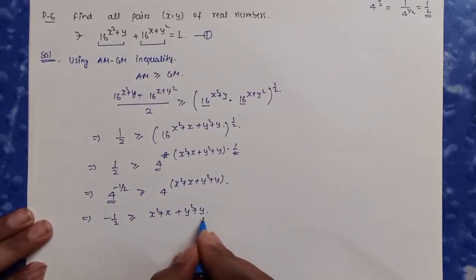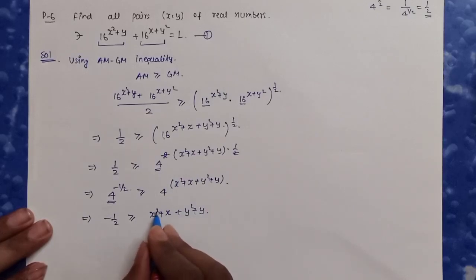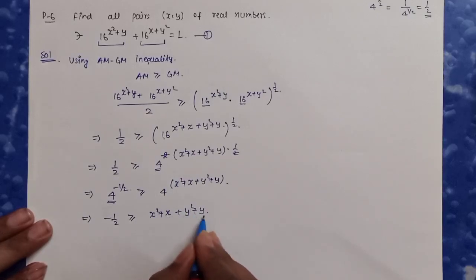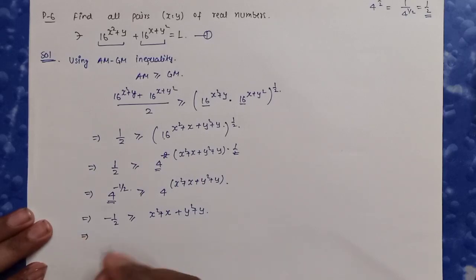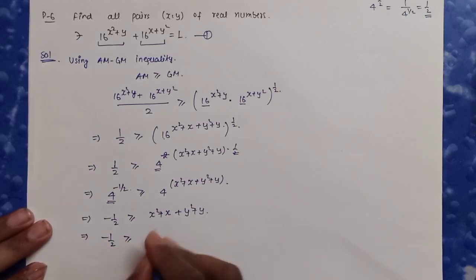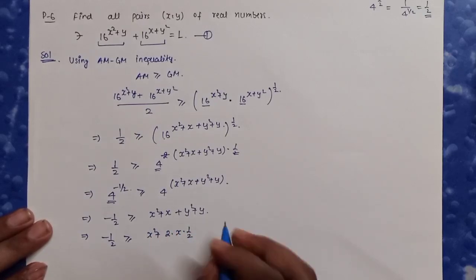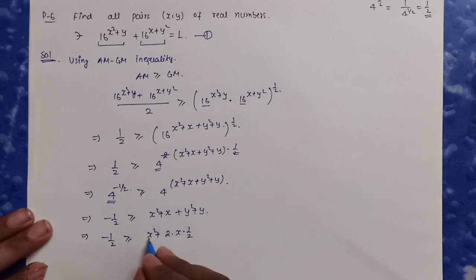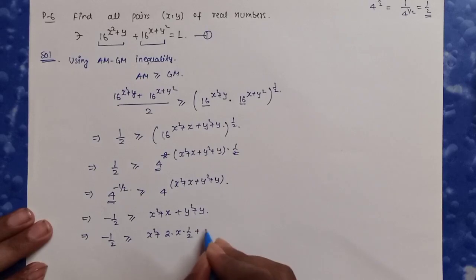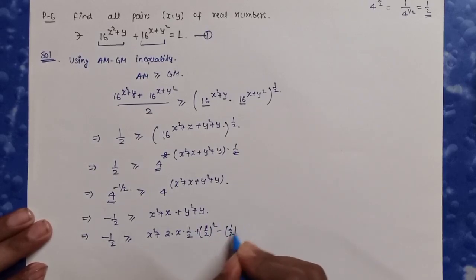Now because the RHS is in two variables, and a square is present along with a single degree term, I thought to complete the square. Minus half is greater than or equal to x square plus 2 times x multiplied by half. I can write it like this. Carefully observe that for x square plus 2 times x into half, I will have to add half square and then subtract it as well.